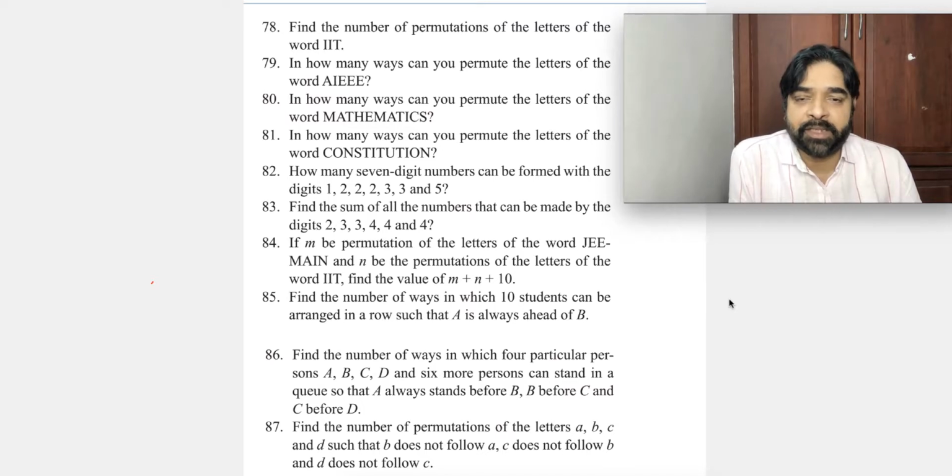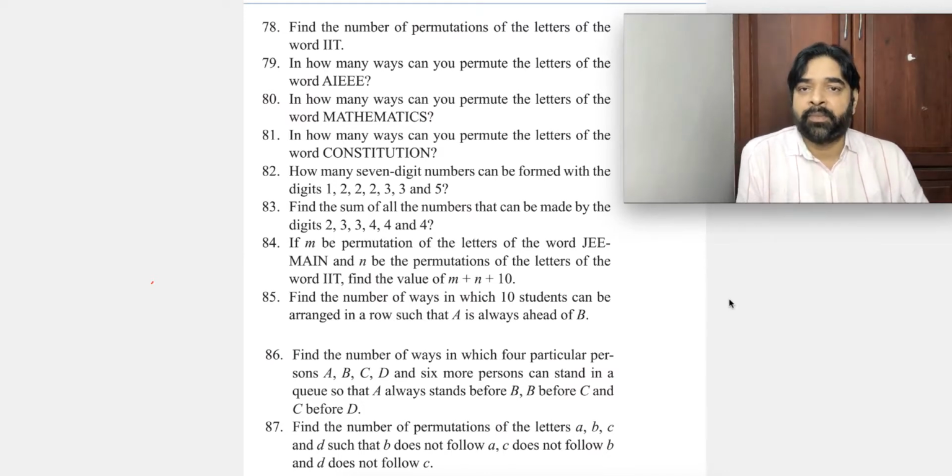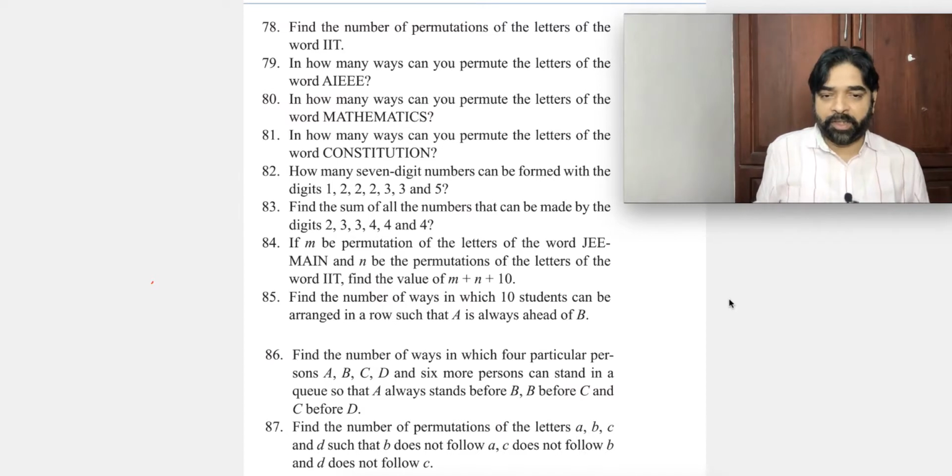Under any circumstances, every question is simple, just basics, so that you can revise what I taught today. Have all of you taken the snapshot? Is it done? Okay. So we'll continue in the next lecture.